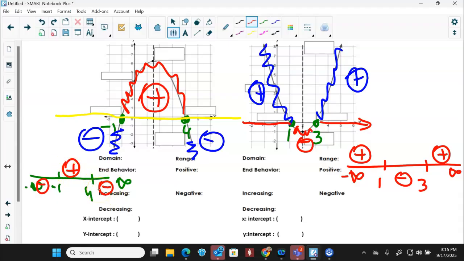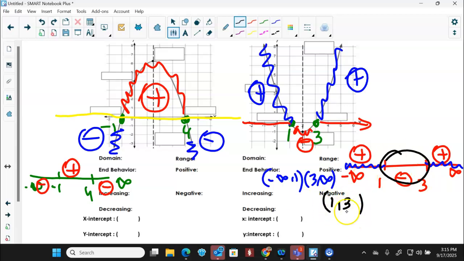So when you're writing it, again, you are going to write positive is from negative infinity right here all the way to 1, and then again from 3 to infinity. Okay, 2 places. Negative is only right here between these two. So negative is 1 to 3. Okay, now here it's going to be backwards.